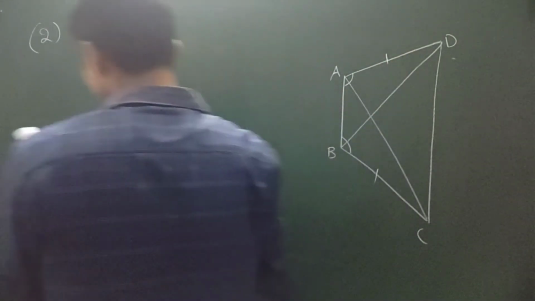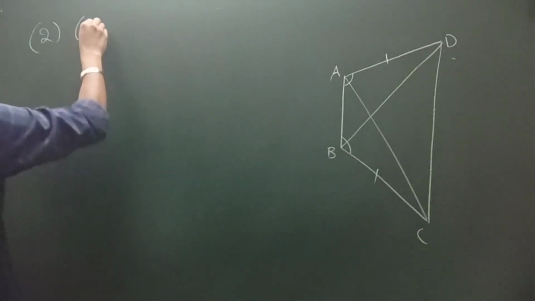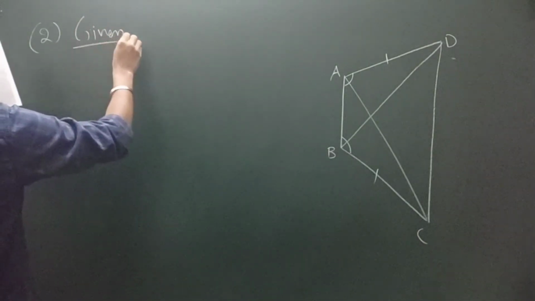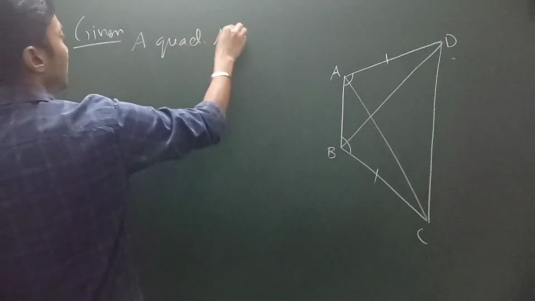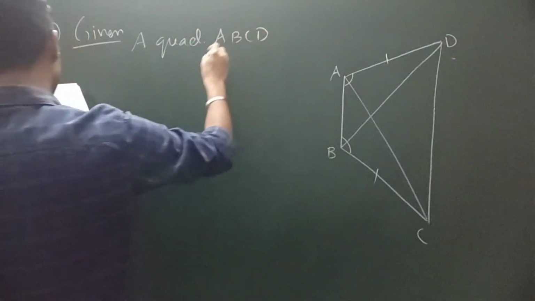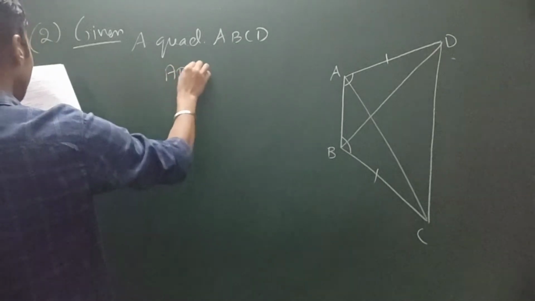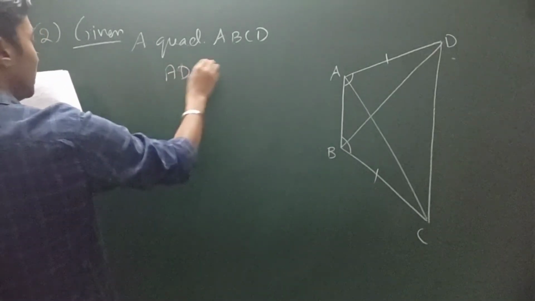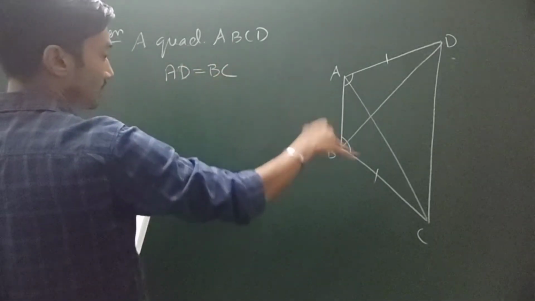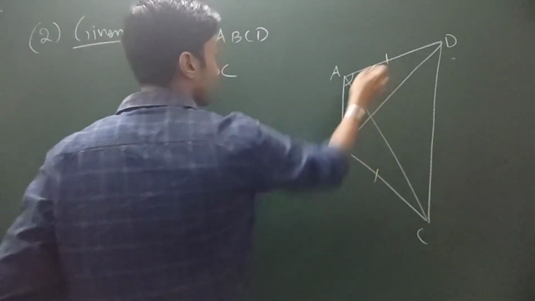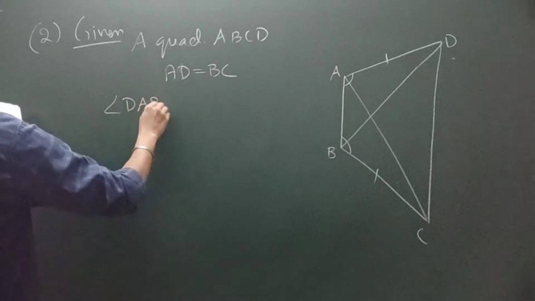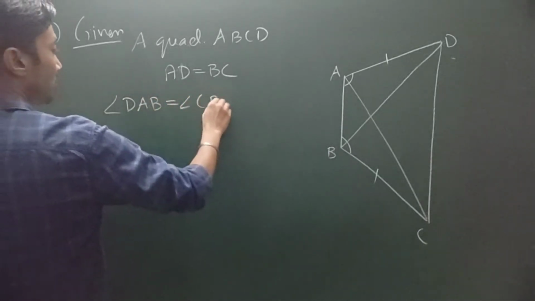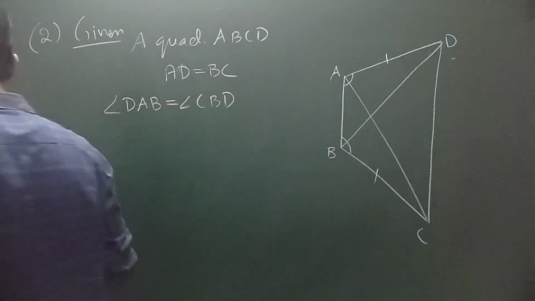Okay, we have a quadrilateral. I'll just write what is given. In short, quadrilateral ABCD, AD is equal to BC. That's why the dash there. Angle DAB is equal to angle CBA. You have to recognize this.